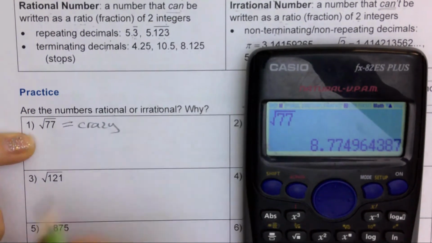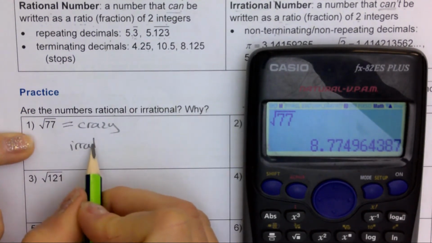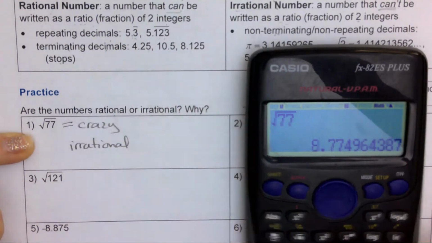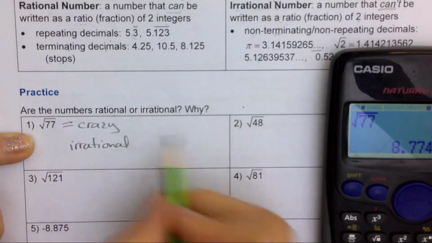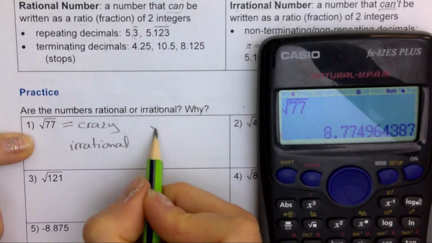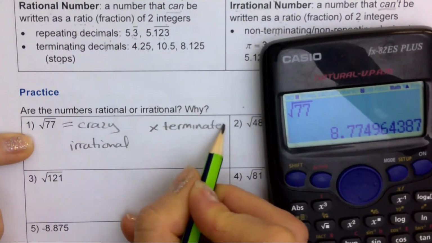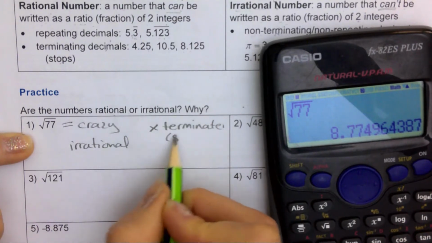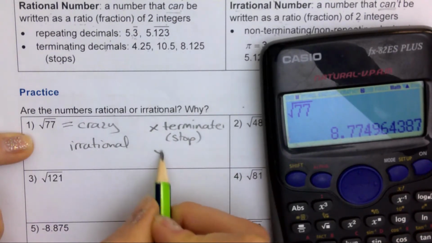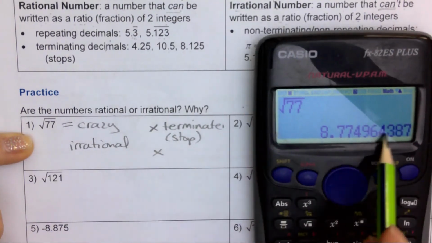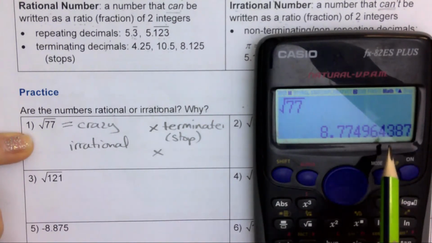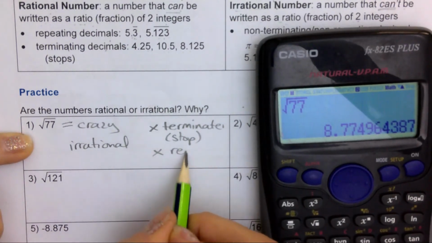And so it's irrational. Why is it irrational? Because it goes on forever and ever and ever. It does not terminate. What does terminate mean? It means to stop. And it does not have anything pretty in it that repeats, like 1, 2, 1, 2, 1, 2, 1, 2. So it does not repeat.